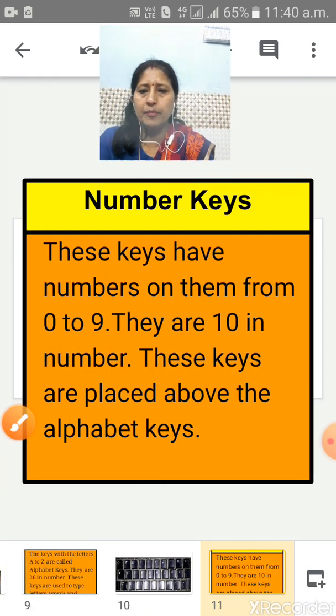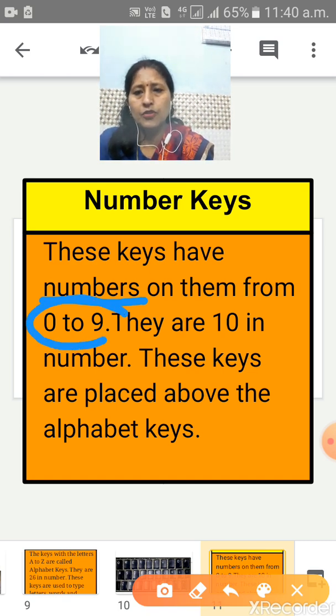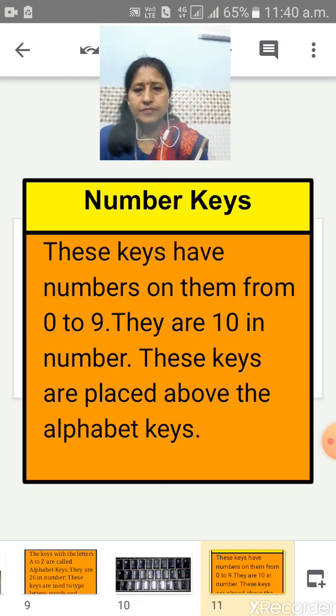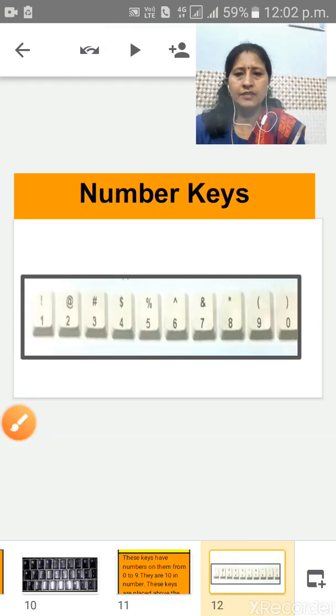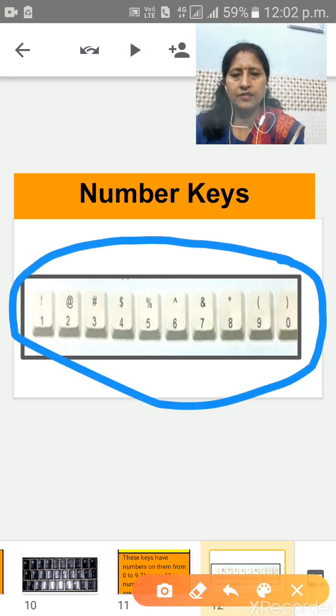Next is number key. Children, these keys have numbers on them from 0 to 9. They are 10 in number. These keys are placed above the alphabet keys. Children, this is the picture of number keys from 0 to 9.